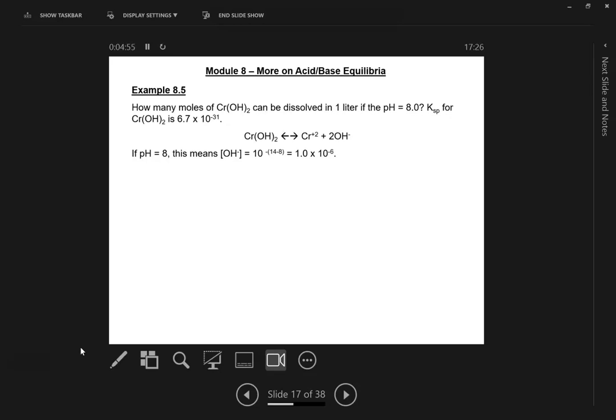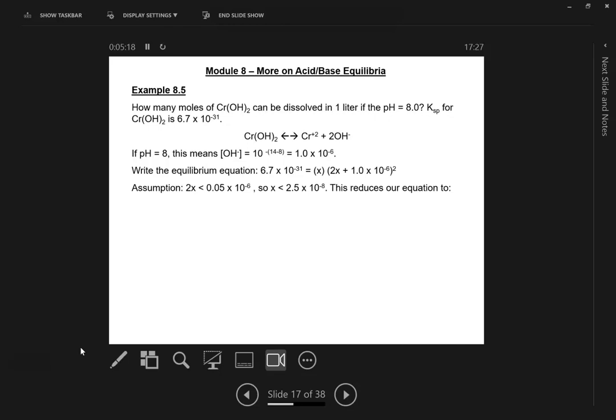We've got our equilibrium reaction, our equilibrium equation. So we set this up just like the last problem. We say Ksp is 6.7 times 10 to the minus 31st, and that's equal to x, the amount of chromium, times 2x plus 1.0 times 10 to the minus 6th quantity squared. So we do this exactly the same way.